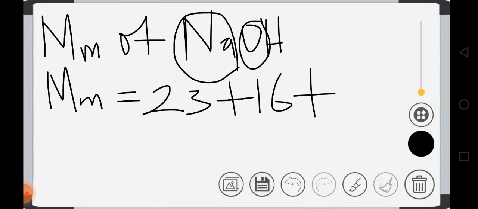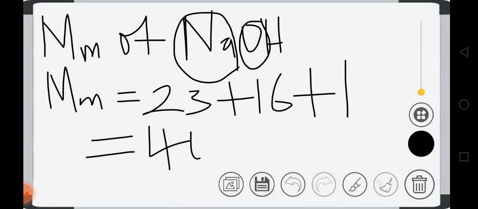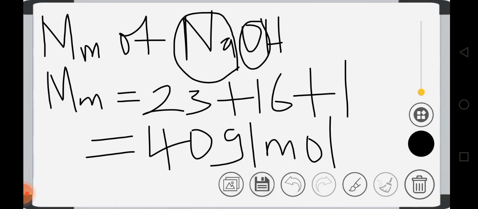For hydrogen, it was 1. So 1 plus 23 is 24, plus 16 gives us 40 grams per mole. This is the unit of molar mass. So the molar mass is done now.